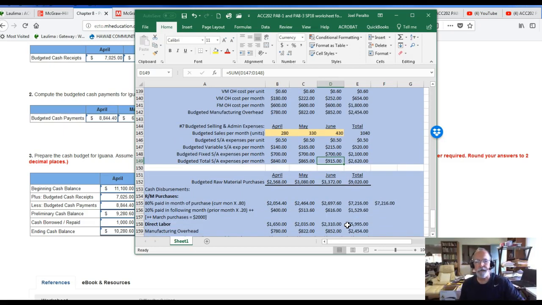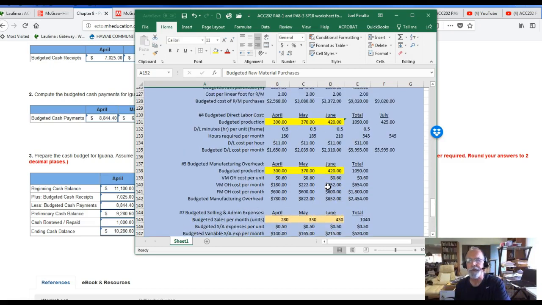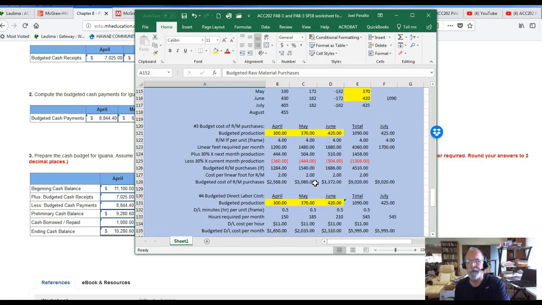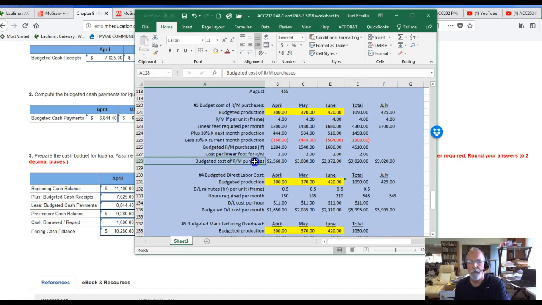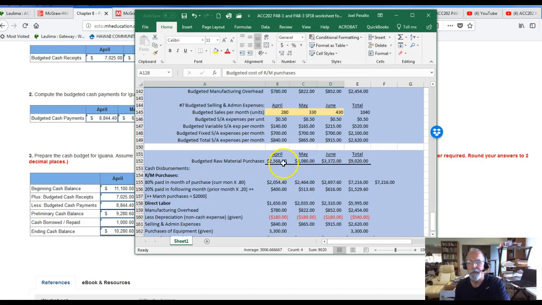So we start out with budgeted raw material purchases. That's the first calculation up here. Budgeted raw material purchases, $2,568 in April. So that's these three numbers. And then we need to factor in our raw material purchases to maintain our desired inventory.